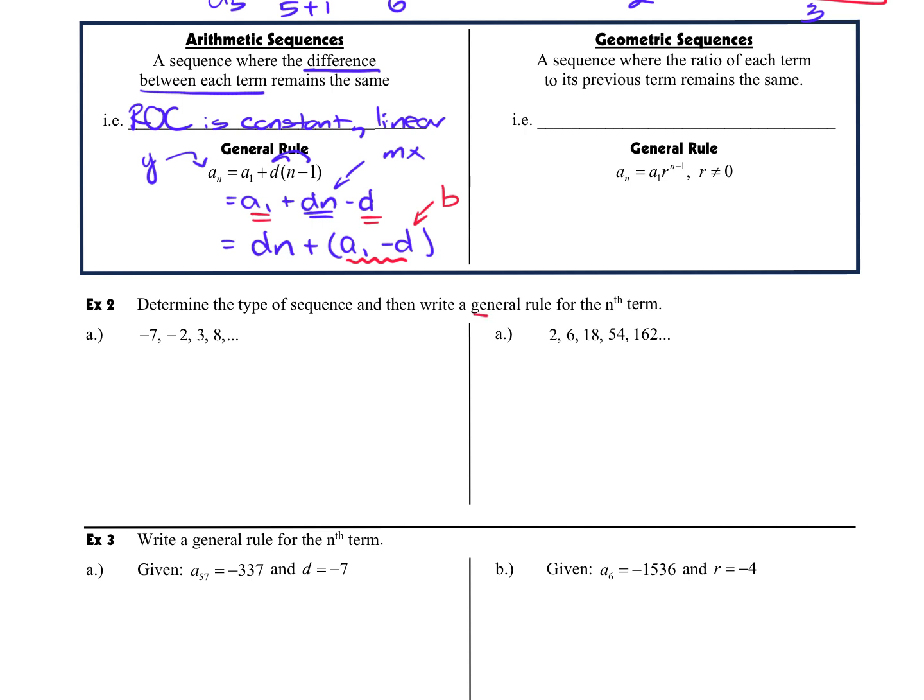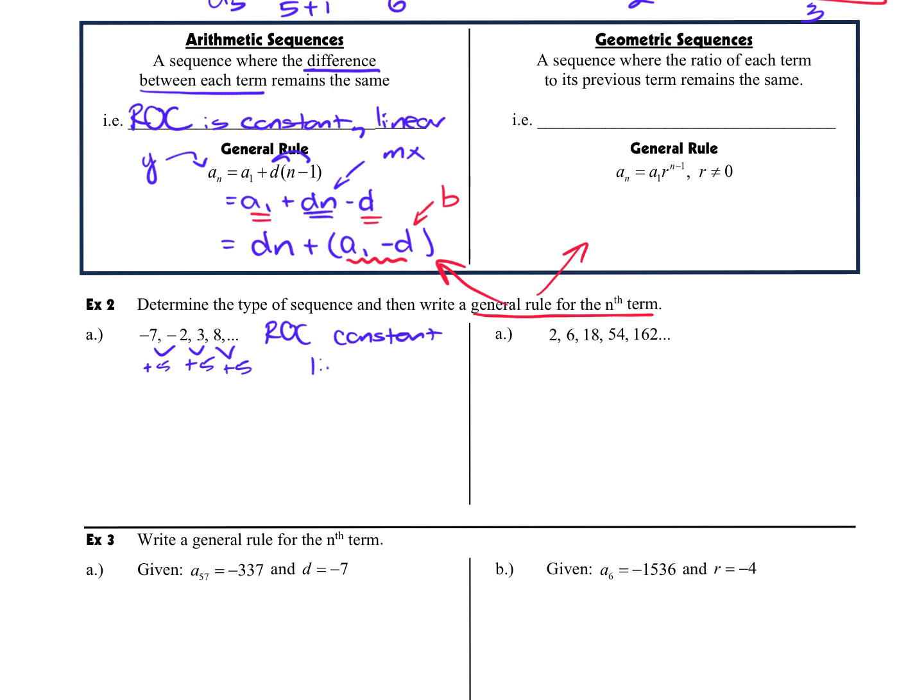The general rule for the nth term is this idea, and we'll of course see it with the other form as well. So if we look at this, what we would notice is we would say, hey, I can see that this is going up by 5 and up by 5 and up by 5. And if I see that, what I'm thinking from earlier in the year is that the rate of change is constant.